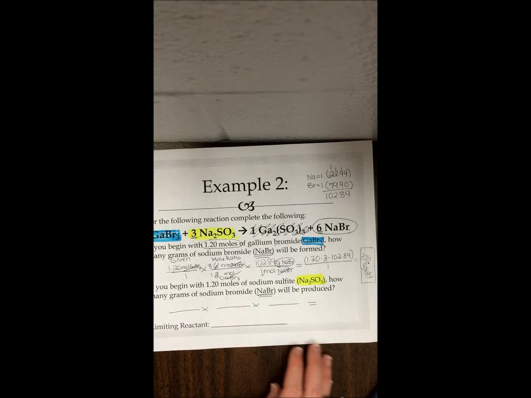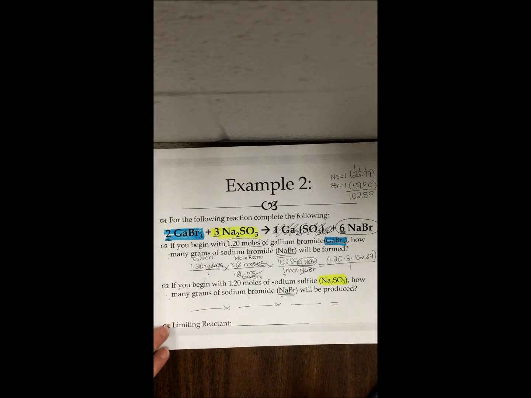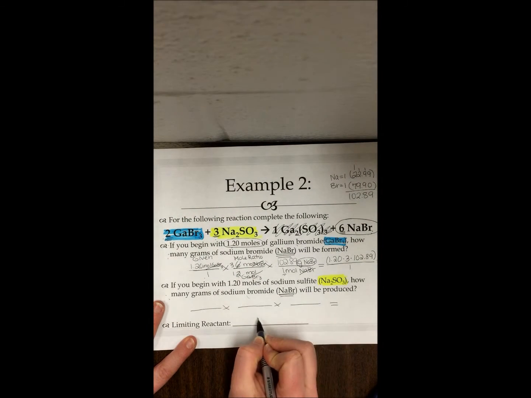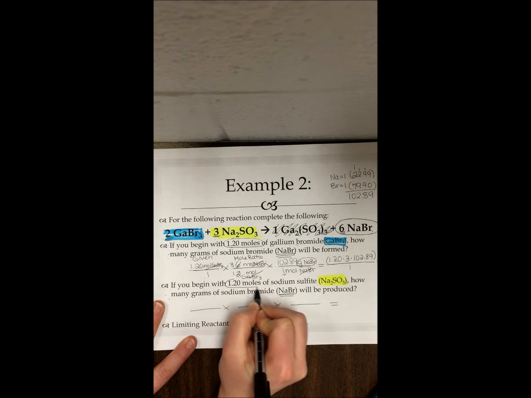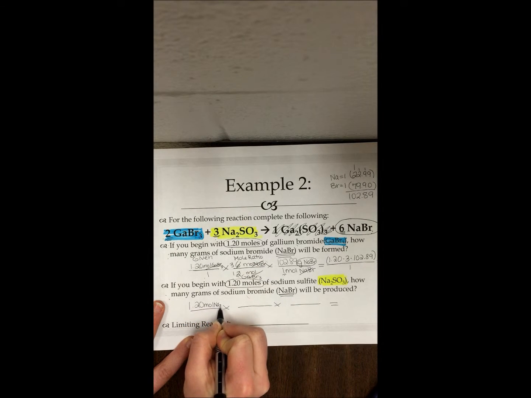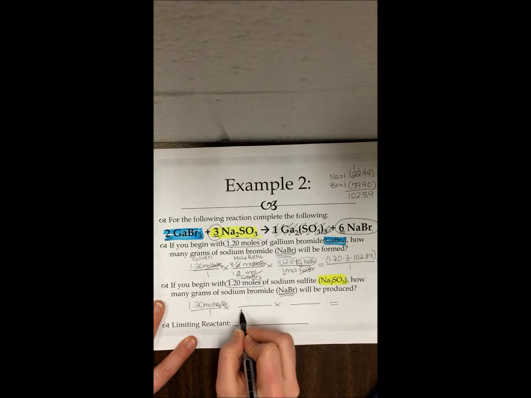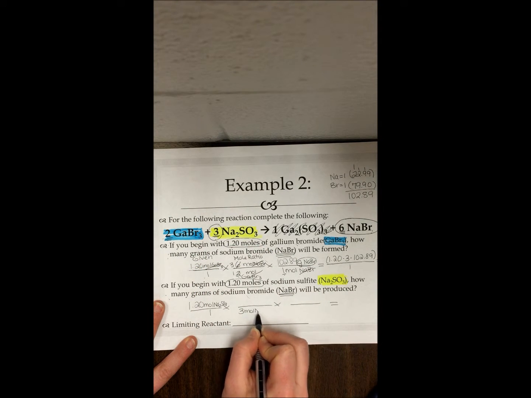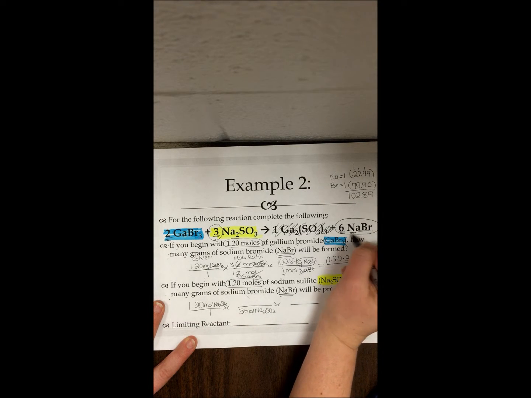Now the great thing about doing a limiting and excess is that you're going to use the same steps that we've already used. The only difference is that our mole ratio is going to change, but our last one's going to be identical. So let's prove it. So now we have 1.20 moles of Na2SO3. We're going to come up to our equation and see that we now have 3 moles of Na2SO3, but we're still going to go to the same product here.